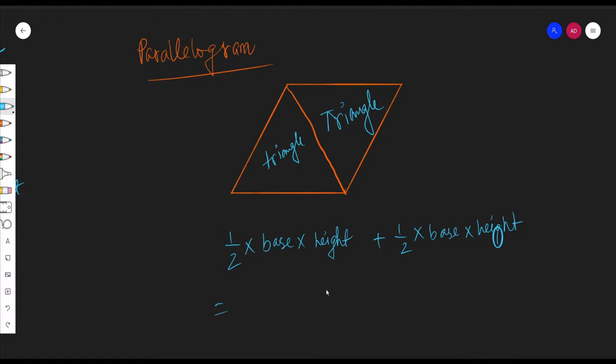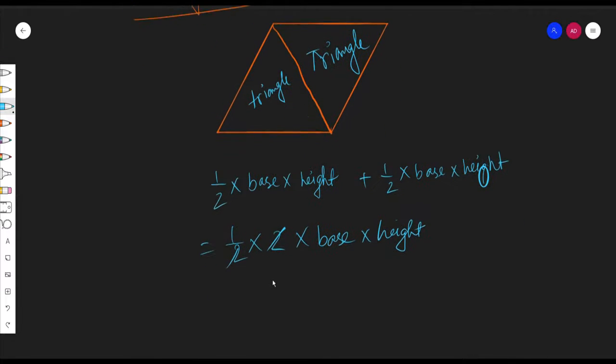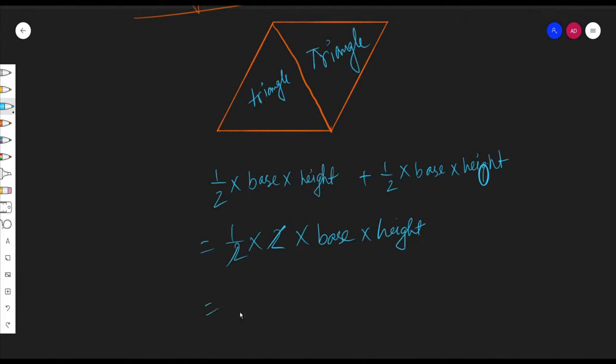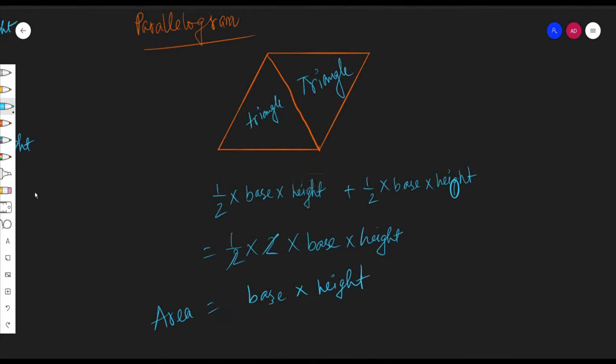While we are just combining these two, we can say half into 2 into base into height, and we can eliminate these two 2's, and the value becomes base into height. So the area of a parallelogram will be base into height. Is that clear?